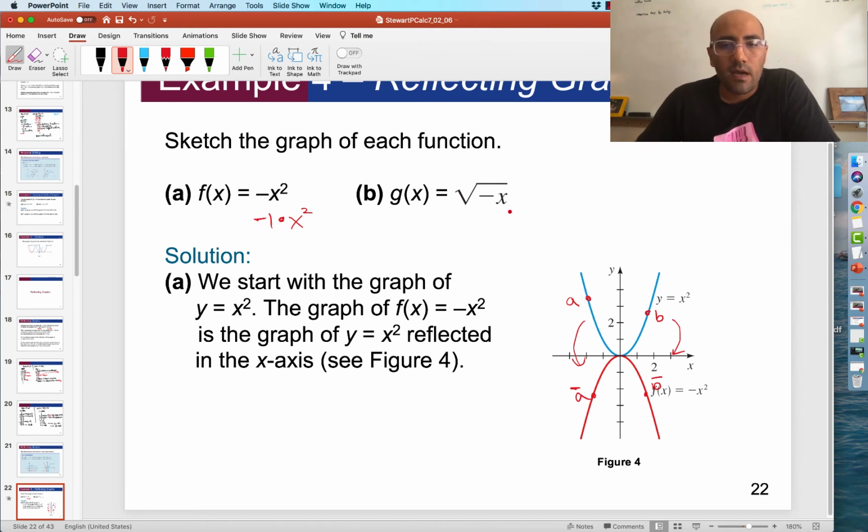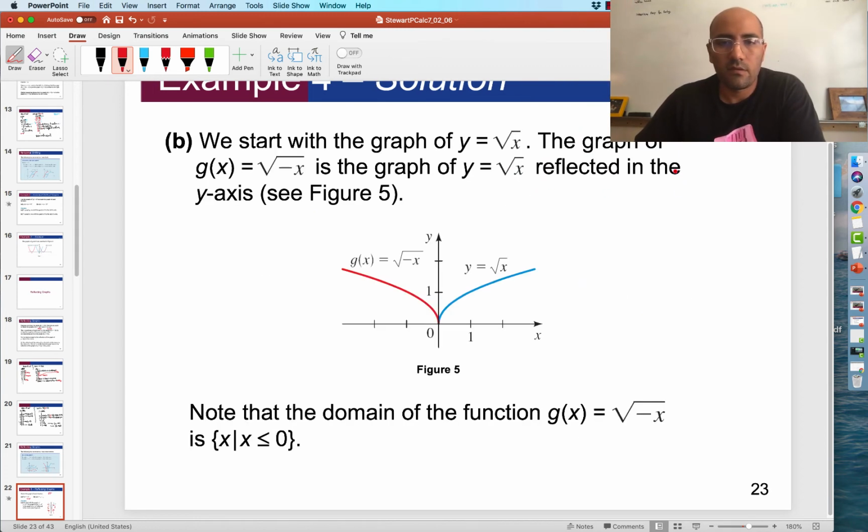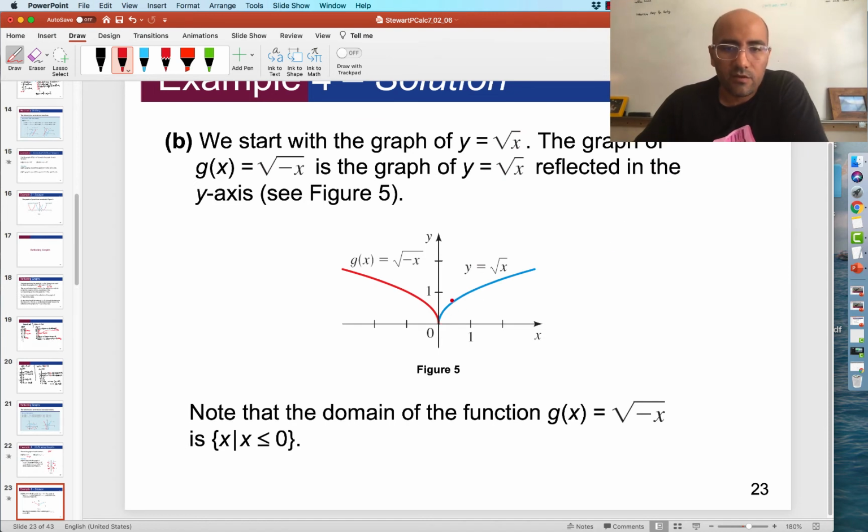Good. Compared to this one is similar to the square root of x, except instead of square root of x, we have square root of -x. So this is what we get. The original function, square root of x, is this blue one, and square root of -x is going to be this red one. So here what happens is that there's a swaparoo around the y.